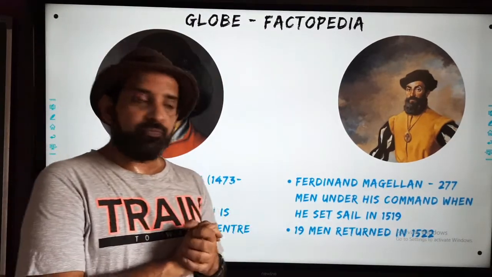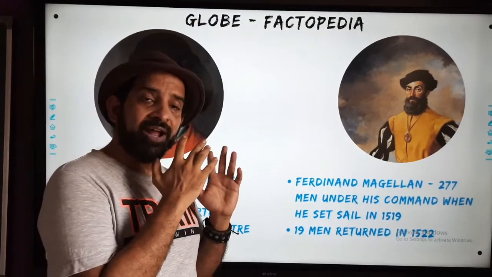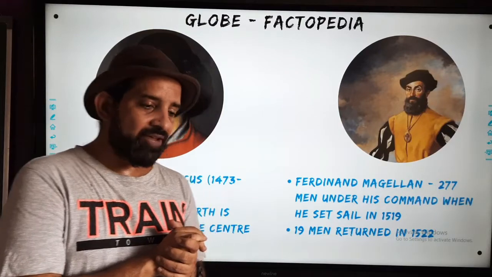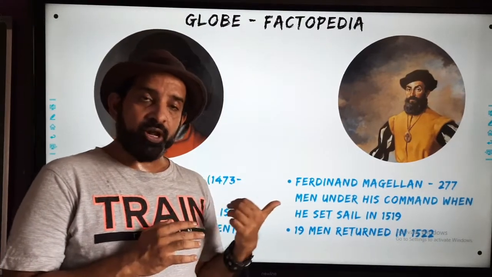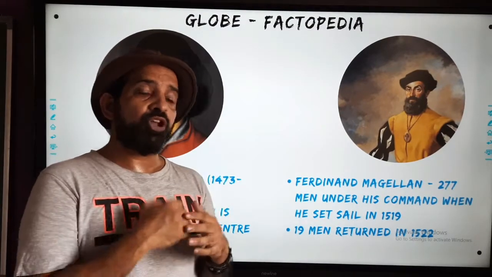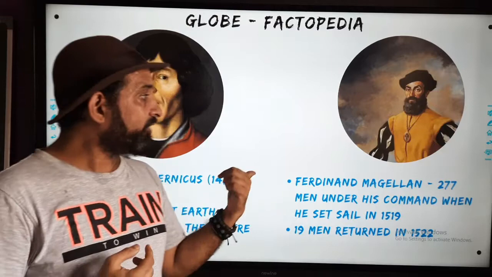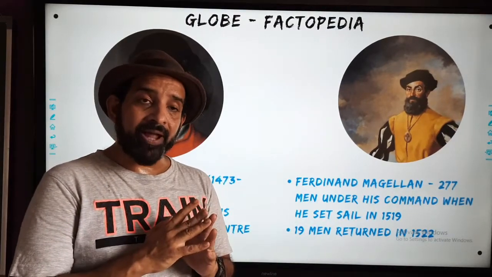I've read many stories about him. There are some fantastic serials on him on television too. He was an explorer. He took 277 men and went on an exploration trip on a ship in 1519. He came back with only 19 men.